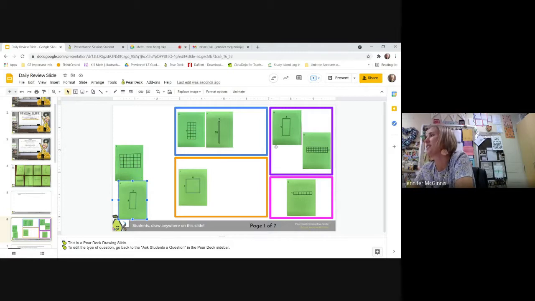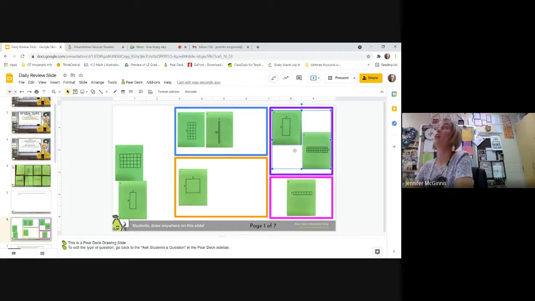Hey, Brentley, are you sure you want these two here to be in this purple box? What are the area of these two? Cole, what's the area of these two? 36. Do we already have a box that has 36?